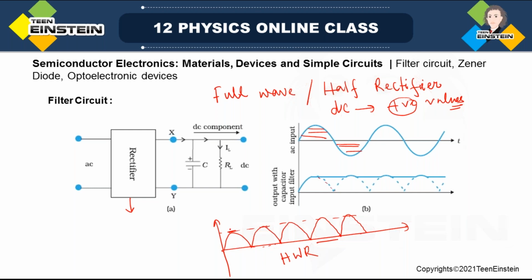It varies between 0 and a peak value, the maximum value. This has an output frequency twice the frequency of the input signal. If the input has frequency f, then this output voltage will have 2f frequency.